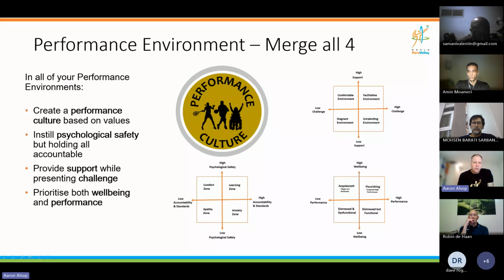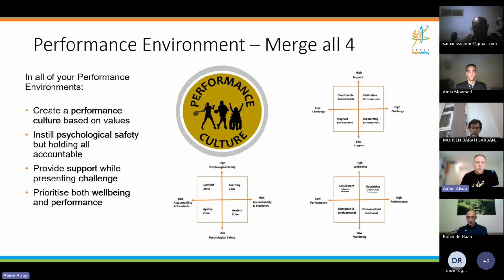In and around the performance environment we spoke about before, we talked about how we have a performance culture that's based on values. The other frameworks I have here include psychological safety. How do we make sure that people feel safe in our environments, but we can also challenge them with high levels of accountability? That's an important piece for creating a good environment for athletes and coaches to thrive.